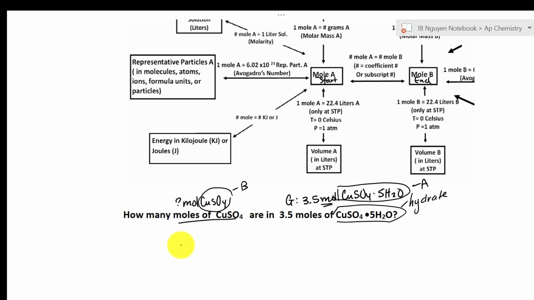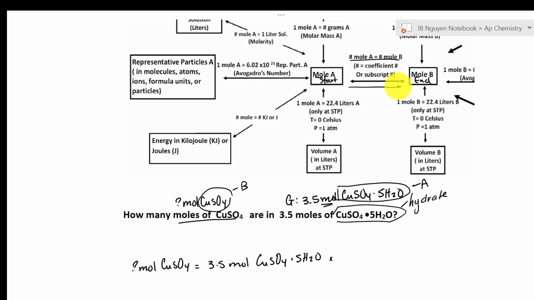And let's go back and solve a problem. So from mole A to mole B, we multiply this conversion factor again. In this case, we have question mark moles of CuSO4 equal to, right? We have 3.5 moles of CuSO4 times 5 moles of H2O. And that's going to be multiplied by the conversion factor of this one here.